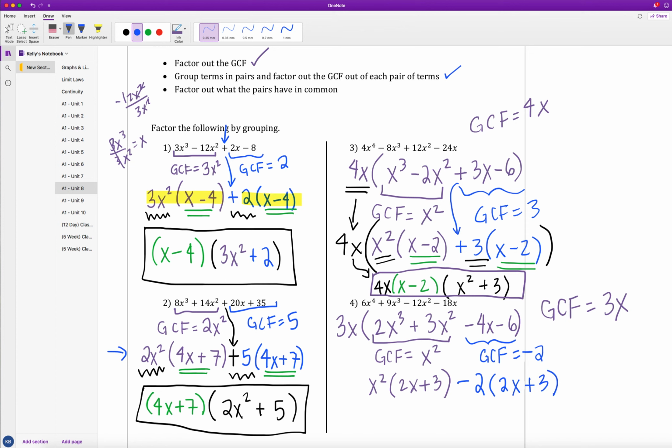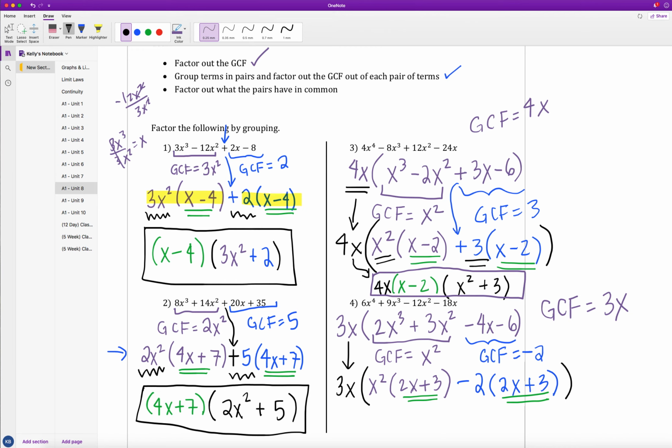The other reason I want to factor out the negative is I know that the stuff that's left over needs to be identical. If I don't factor out a negative, I'd have a 2x plus 3, and then a negative 2x minus 3. So by taking out that negative sign, it makes sure that the inside stuff that is left over will be identical.